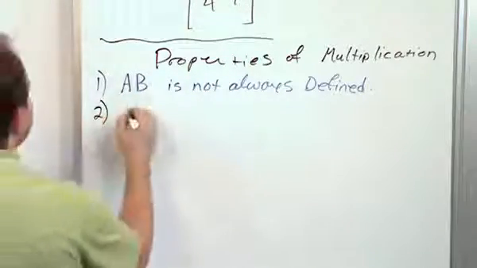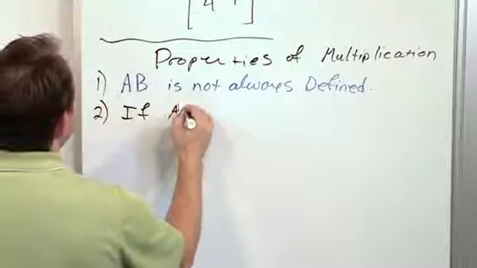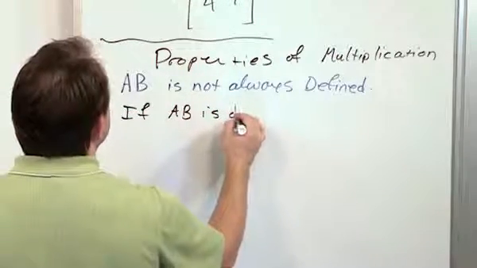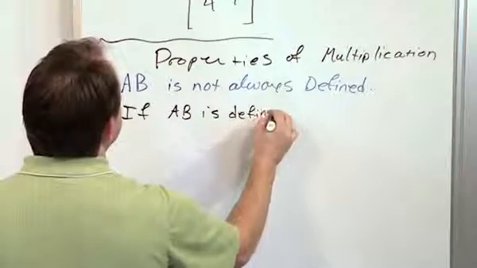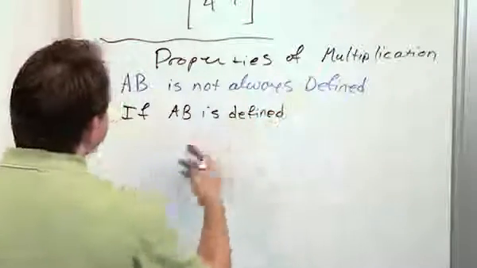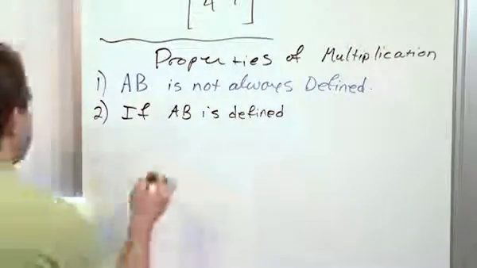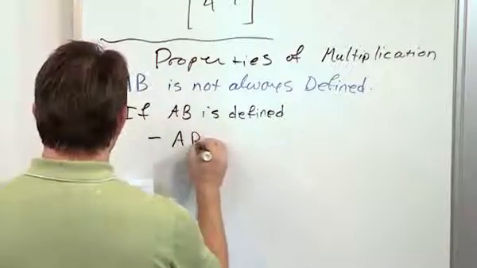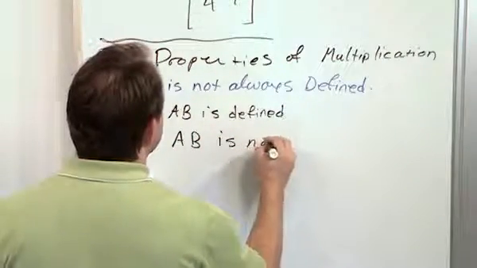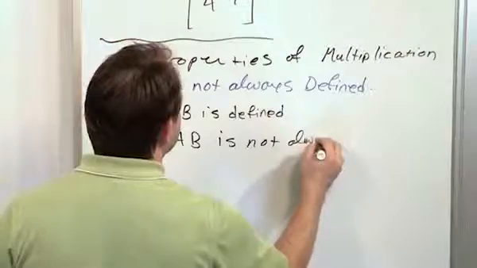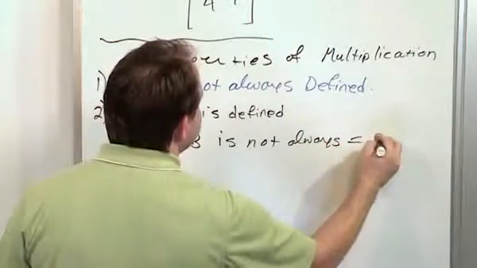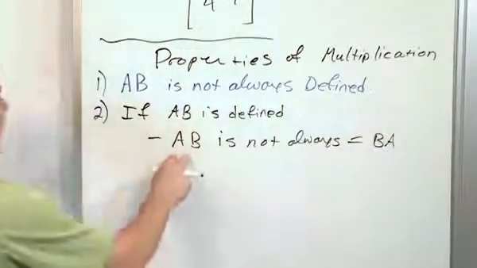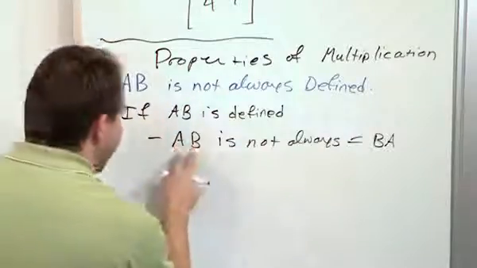All right, if AB is defined, in other words, if the multiplication is defined between 2 matrices A and B, then AB is not always equal to BA. In other words, I can take AB and then I can get the answer to that multiplication.